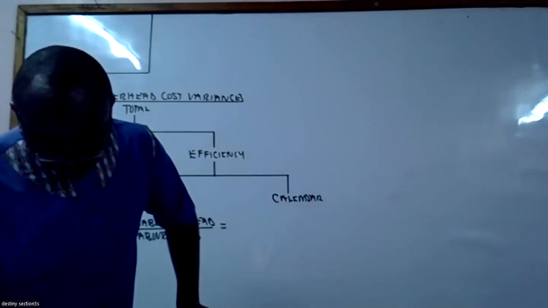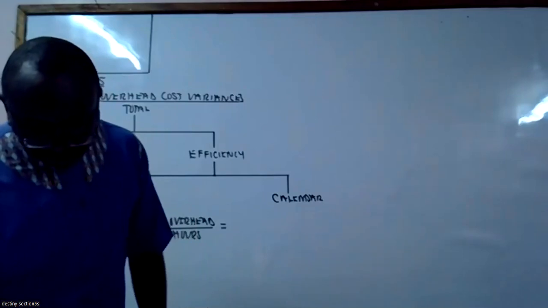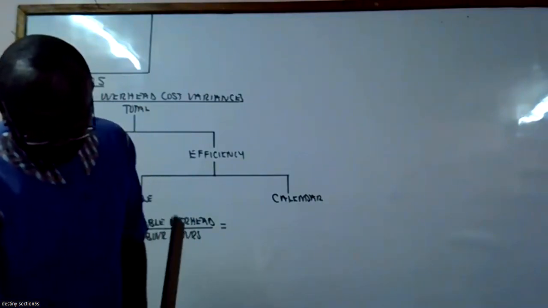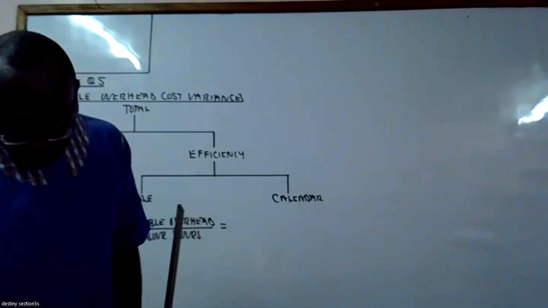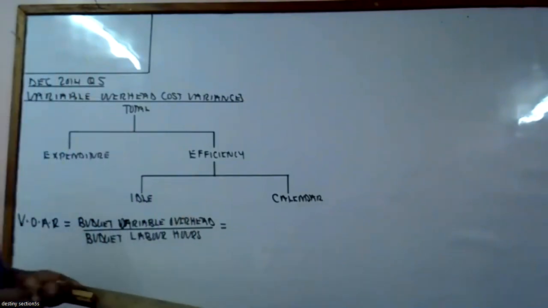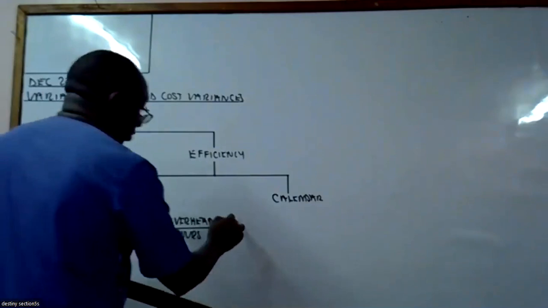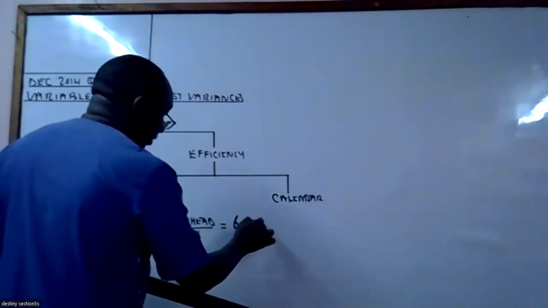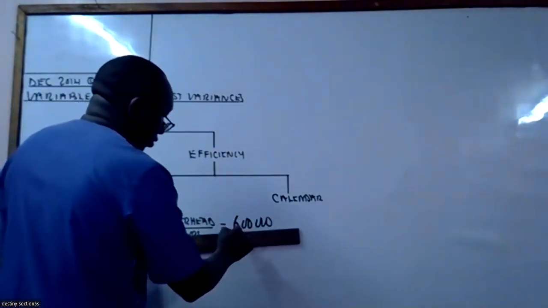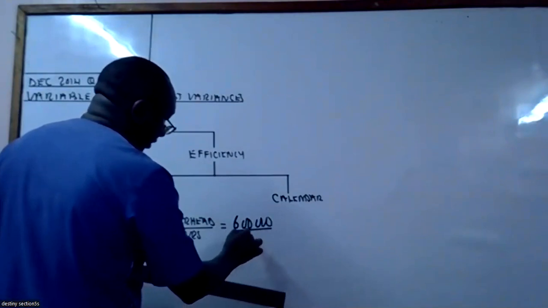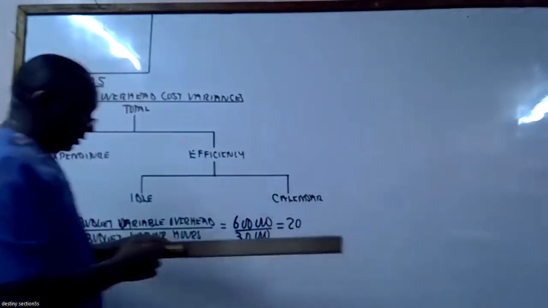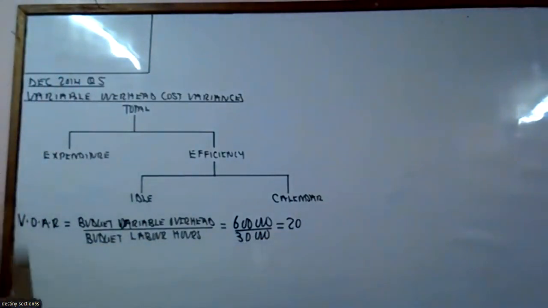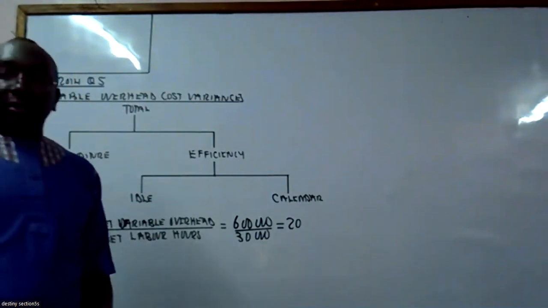So I want to show you how that 20 has been arrived at, because it's not everywhere. They will have shown you the cost for the variable overheads is 600,000. You divide by 30,000. So that is how they are arriving at 20 per hour.